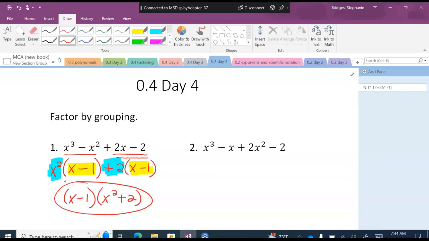If it is not, then you didn't pull out enough, or you might need to rearrange. However, I'm not really going to give you any that you need to rearrange. I'm going to have it set up nicely for you. And then once you do that, you want to make sure that you cannot continue to factor. If you can, then we'll need to break them further. If not, then we're good.